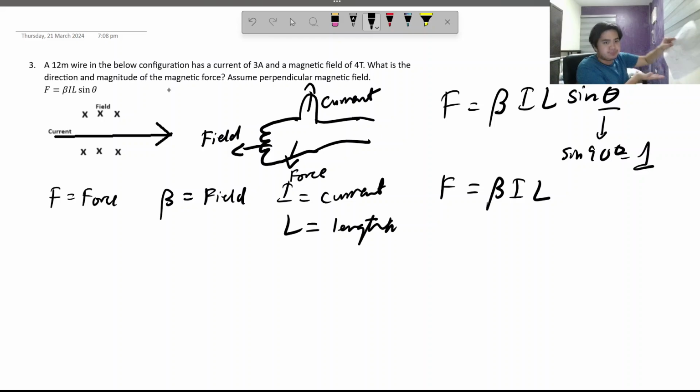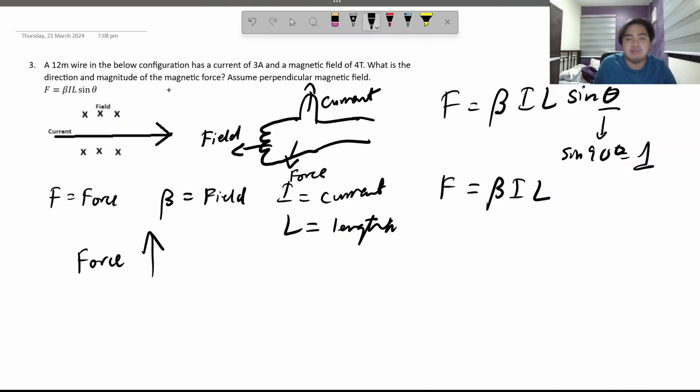My thumb, the current, should be going that way. The magnetic force, meanwhile, should be going up, since my palm is pointing up. If I was to high five someone, they should high five from the top. So we can safely say that the direction of force should be going up.